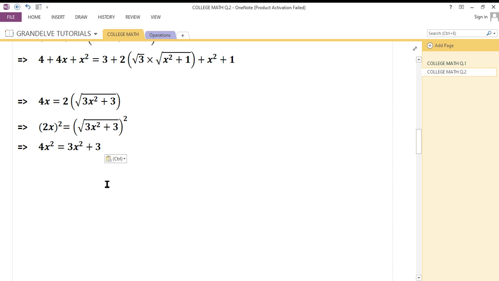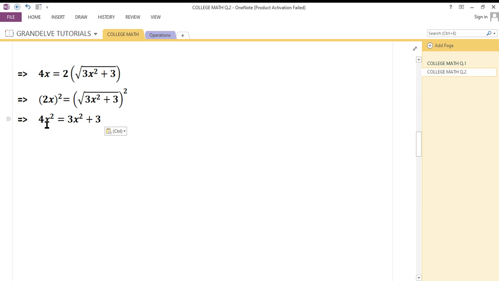In that sense, we have 4s squared equals 3s squared plus 3, and you try to, let's say, group like terms. We have 4s squared and we have 3s squared, so that can be grouped at the left hand side, and we have the 3 as a constant to the right. And that will mean 4s squared minus 3s squared, and we get s squared equal to 3.